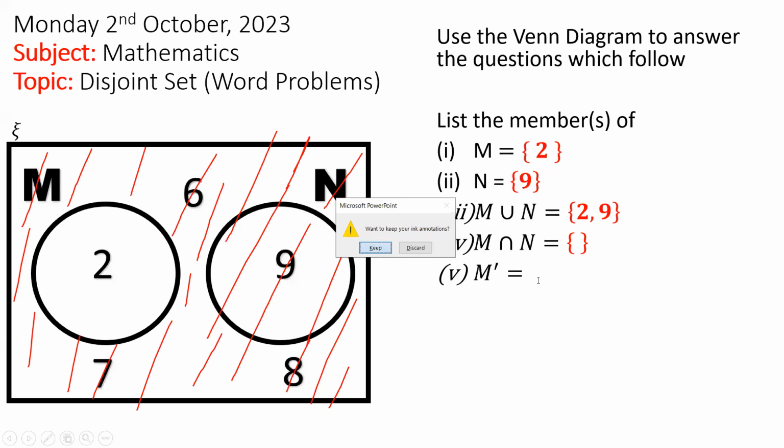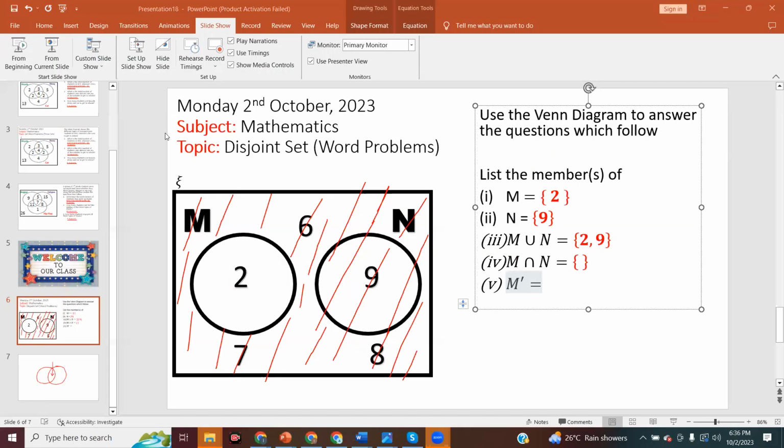Yes, sir. So what numbers are not a part of M? 6, 7, 8, and 9. Okay, 6. What else? 7, 8, 9. All right, 6, 7, 8, and 9.